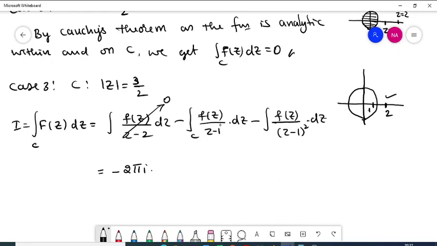So f of 1 is cos pi plus sin pi, which is minus 1, minus here it will be 2 pi I into f dash of 1. So f dash of 1 we have already computed.